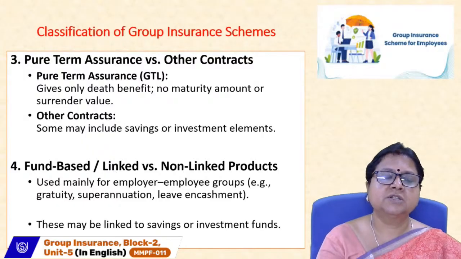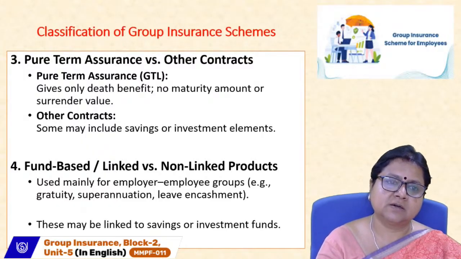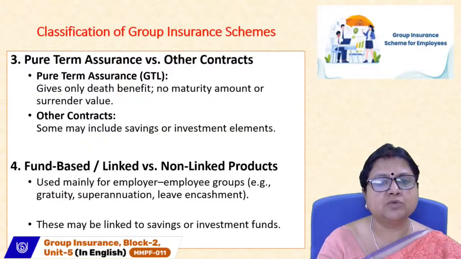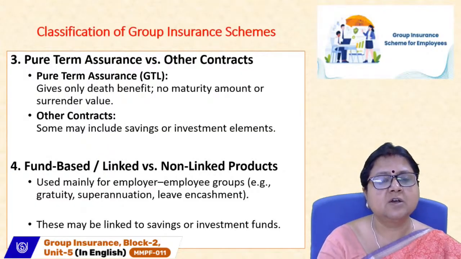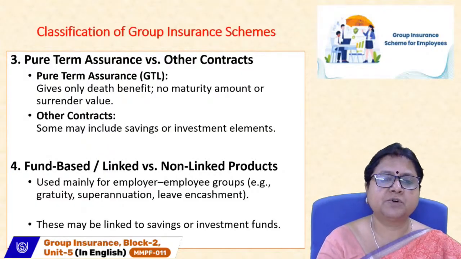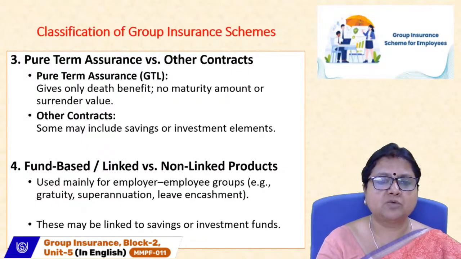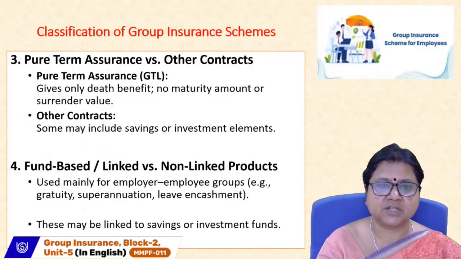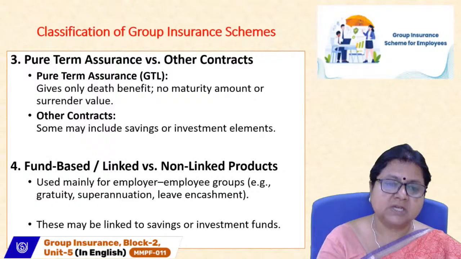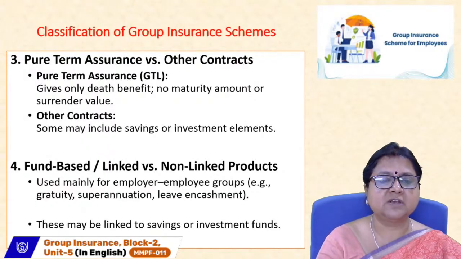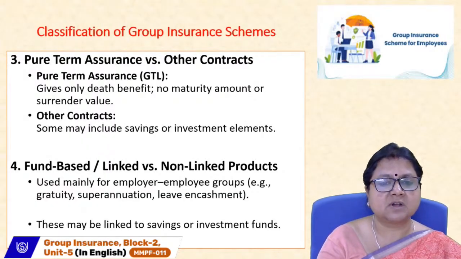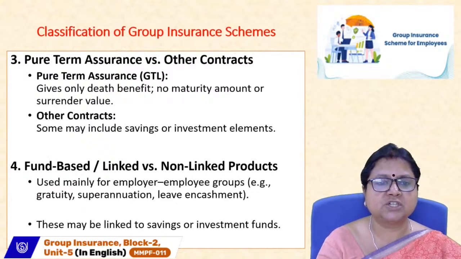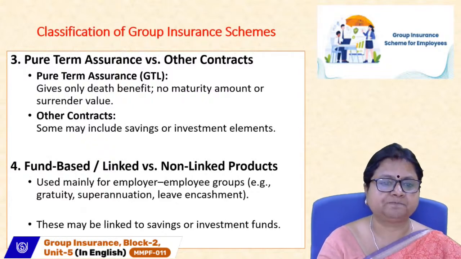Or suppose a person has died due to a heart attack during his tenure of service in that organization, then his dependents will get the sum assured after his death. But if the person survives, then no maturity amount or surrender value will be given.